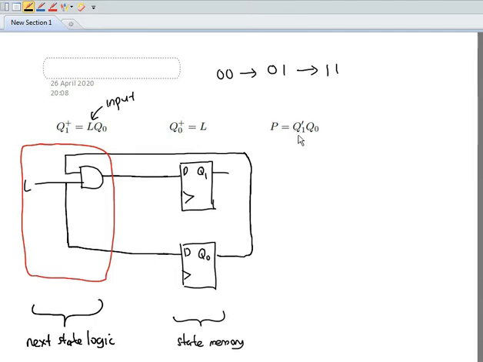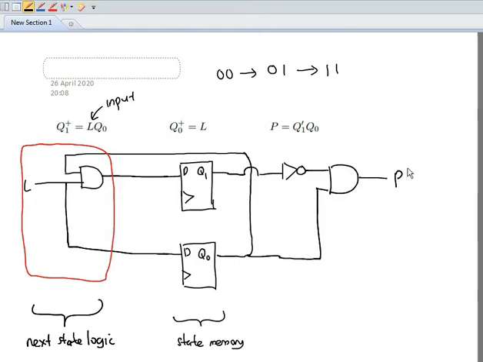Now look at P. P is dependent on Q1 bar and Q0. So put a NOT gate here and an AND gate, like that.